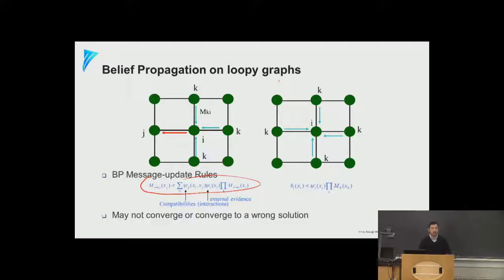You just deal with the tree width and compute it. Sometimes if the graph is like 10 or 20 nodes, the complexity is affordable. Therefore, you can get the ground truth. And you compare the ground truth with the message passing results, and they found that they are good. And sometimes the algorithm fails to converge.